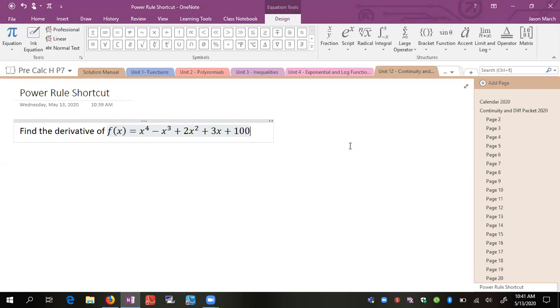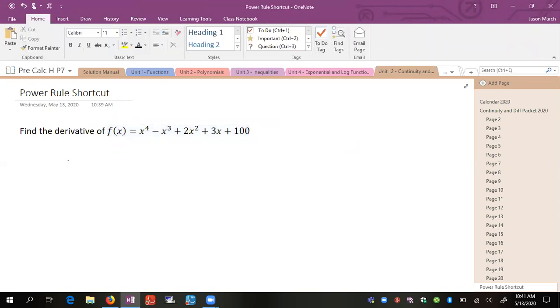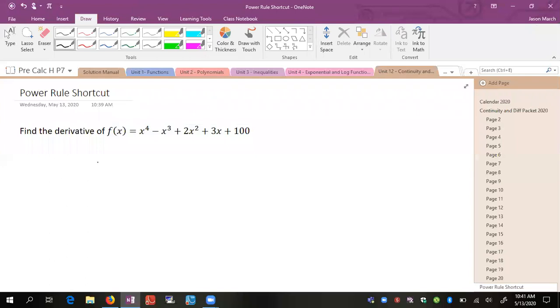So first, we're going to rewrite the limit definition of the derivative, which is the limit as h goes to 0 of f of x plus h minus f of x, all over h.